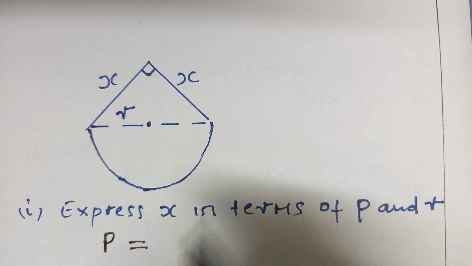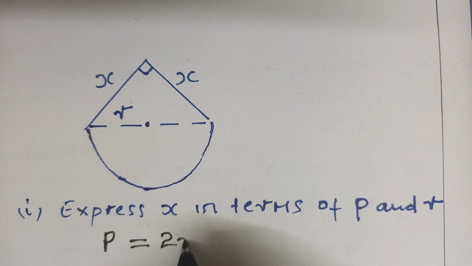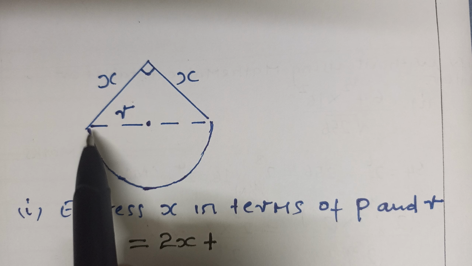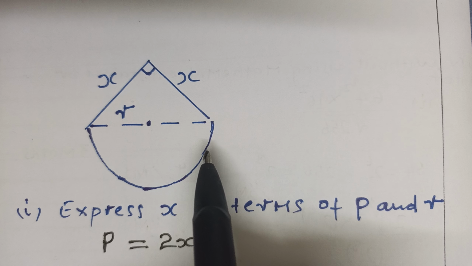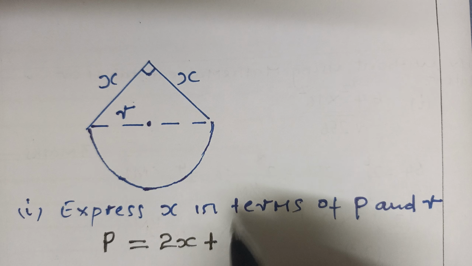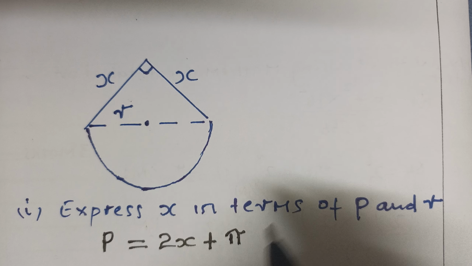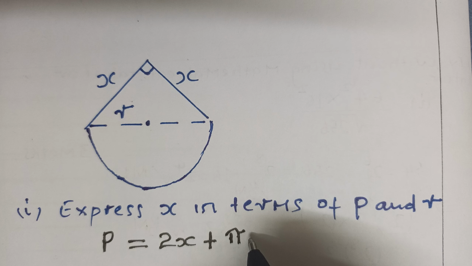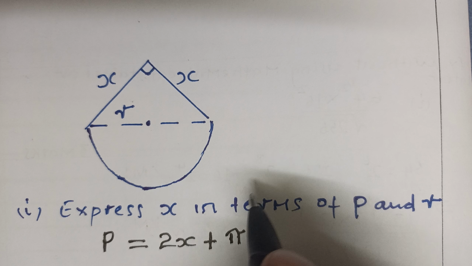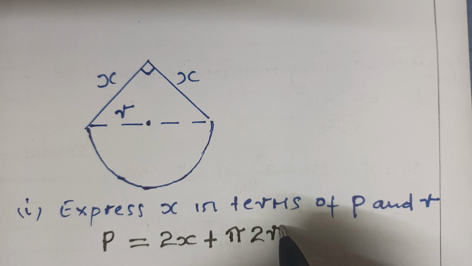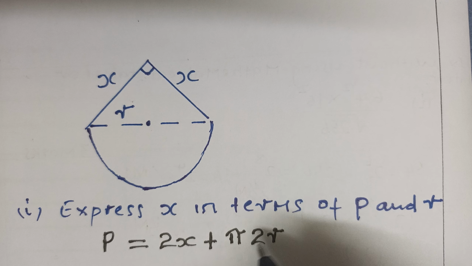x plus x, which is 2x, and now plus, this forms a semicircle, of which the semicircle perimeter is pi d, and pi d, you know it is 2 pi r, and this is for the complete circle.